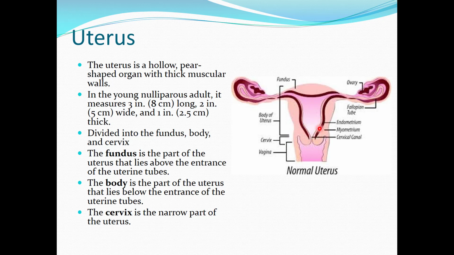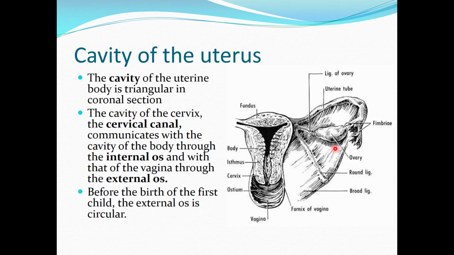The lower part of the body of the uterus is called the isthmus. The isthmus projects into the cervix, and the cervix projects into the vagina. So the cervix is the narrow part of the uterus. The cavity of the uterine body is triangular in coronal section. The cavity of the cervix, which is called the cervical canal, communicates with the body of the uterus through the internal os.